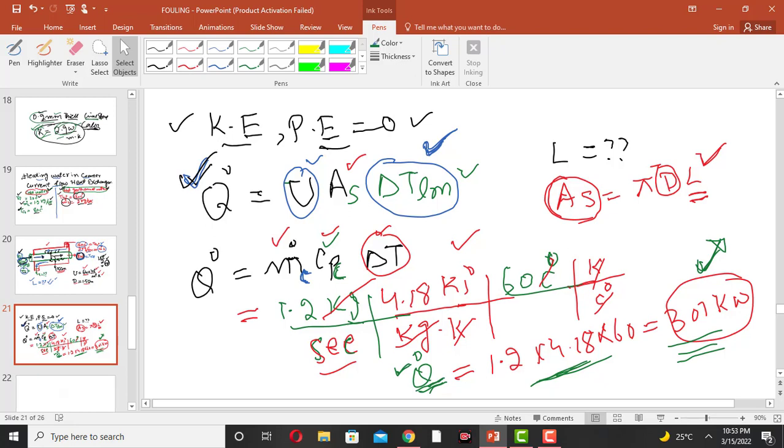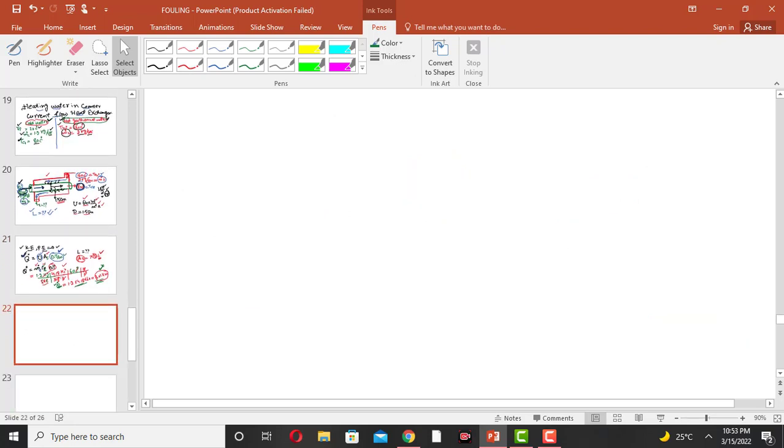Now, when the hot geothermal fluid gives its energy to the cold water, what will be the outlet temperature of the hot geothermal fluid? Again, we know that the energy given by the hot geothermal fluid to the cold water will be equal to the energy gained by the cold water.